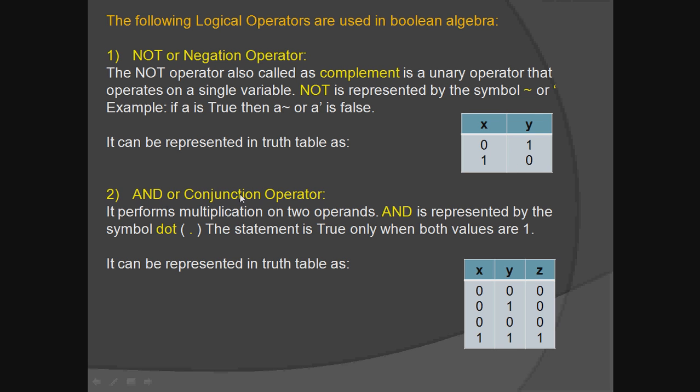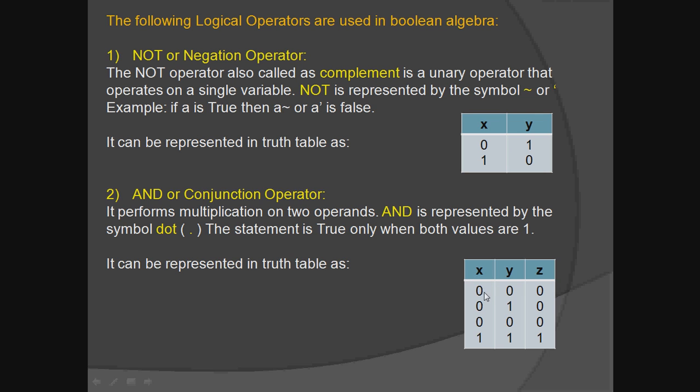Now the AND or conjunction operator. It performs multiplication on two operands or variables, and it is represented by the dot symbol, so that is called a dot b or a and b. This statement is true only when both the values are 1. Here you can see in the truth table that we have the variables x, y, z.